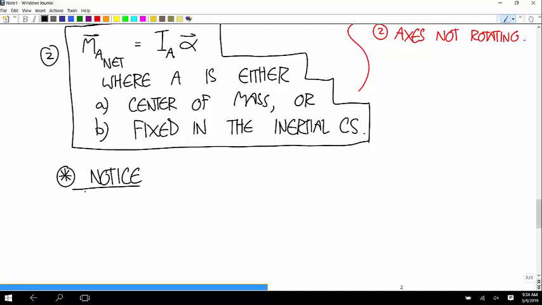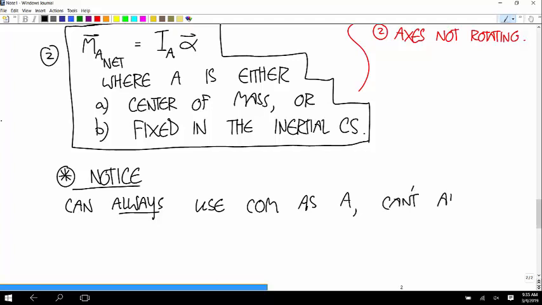There doesn't have to be any point like that. Like if you throw a boomerang, there's no point of that that's fixed in the inertial coordinate system. So you can always use the center of mass as A, and you can't always find a fixed point.